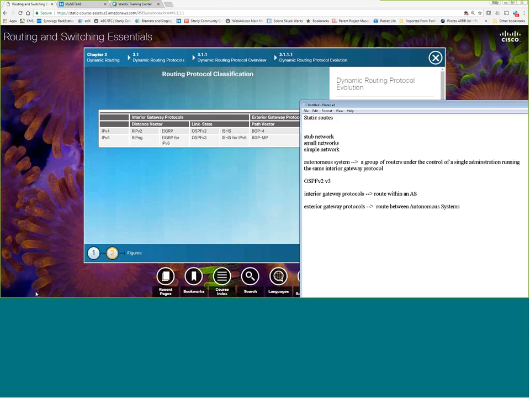Okay. Now, inside of each one of these types of protocols, there are classful routing protocols, and there are classless. What you will learn about these is that a classful routing protocol does not carry subnet mask information in the route updates.